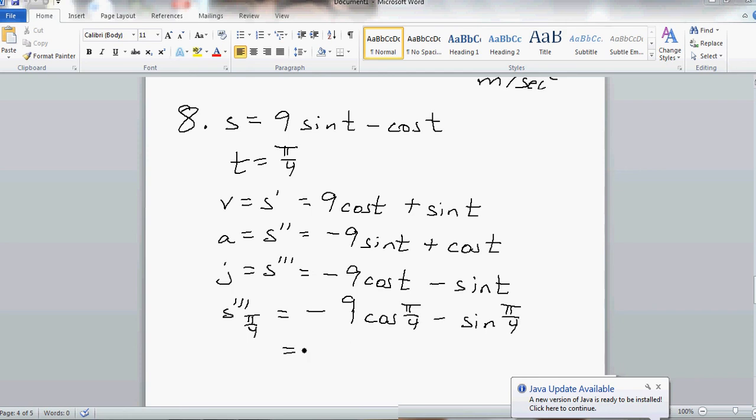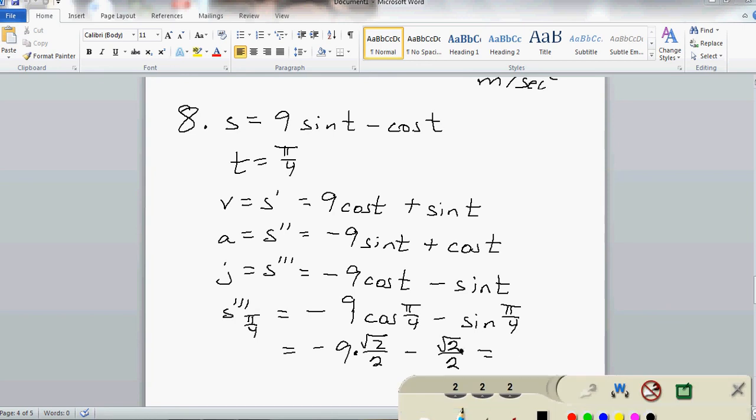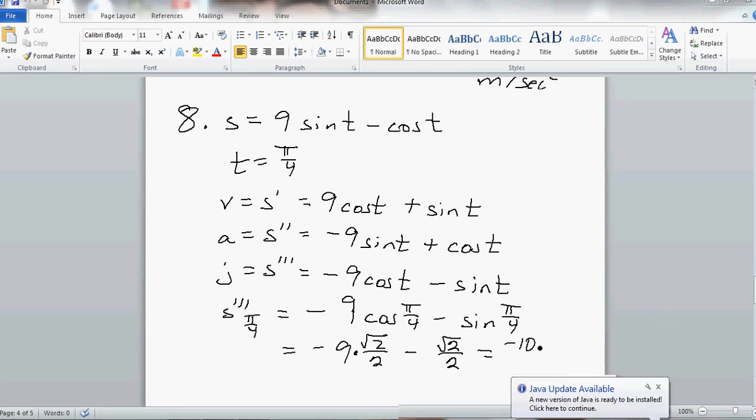Well, the nice thing about cosine of pi over 4 is that it is root 2 over 2, and sine of pi over 4 is also root 2 over 2. So we end up with negative 9 root 2 over 2 minus root 2 over 2, which is negative 10 root 2 over 2, or more simply written as negative 5 root 2.